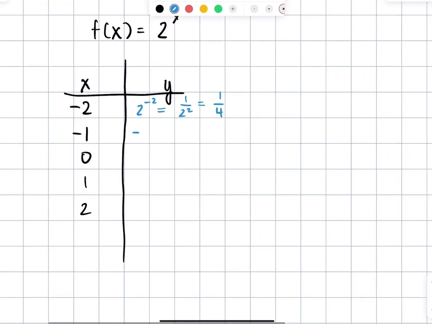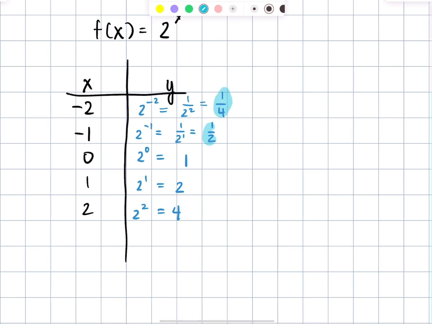And then 2 to the power of -1 gives us 1 over 2 to the power of 1, which is just 1 over 2. 2 to the power of 0 is just 1. And then 2 to the power of 1 is 2. 2 to the power of 2 is 4. So we have all of our y values: 1 over 4, 1 over 2, 1, 2, and 4.